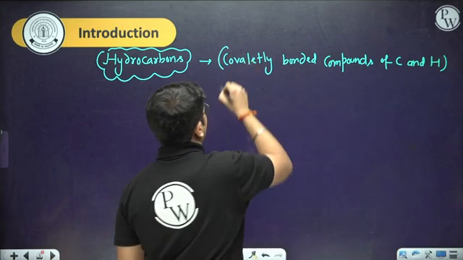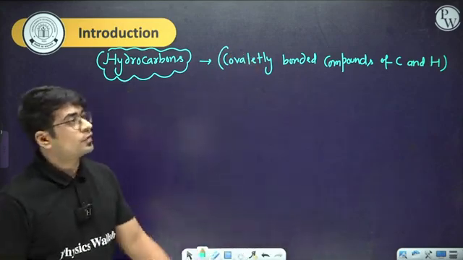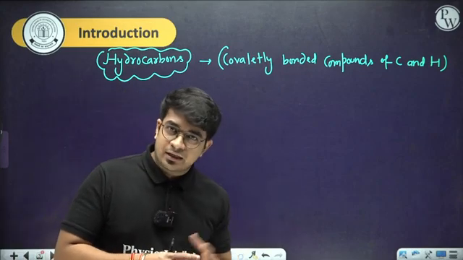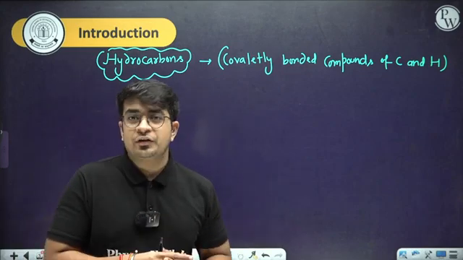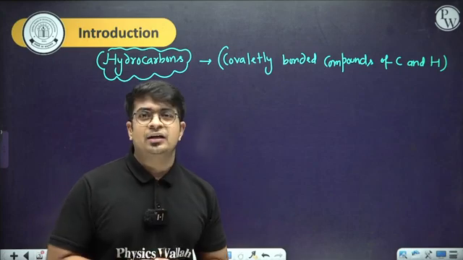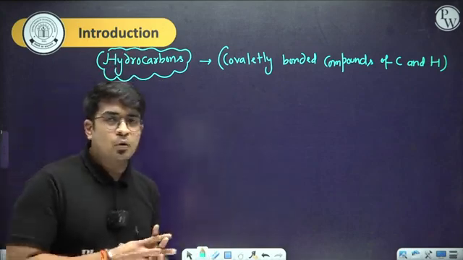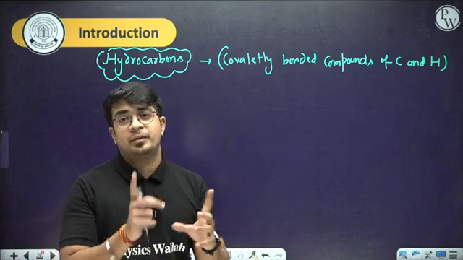So first of all, we are going to deal with the compounds of carbon and hydrogen only. But is this chapter only related to these hydrocarbons, or do we have other portions? So basically in organic chemistry, the first portion always starts with simple compounds which are covalently bonded between carbon and hydrogen.